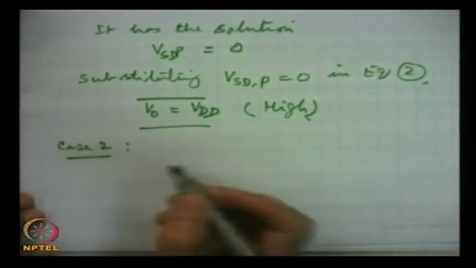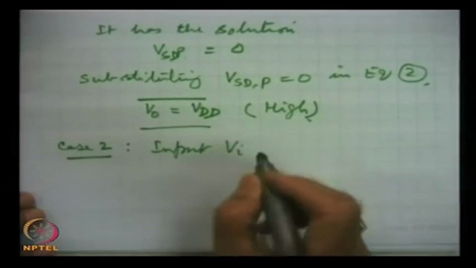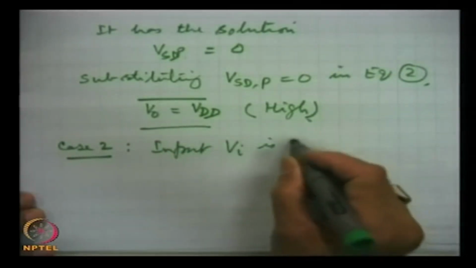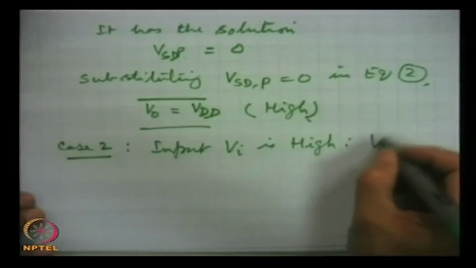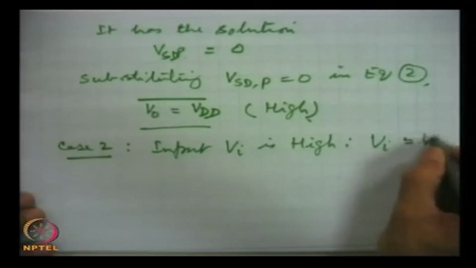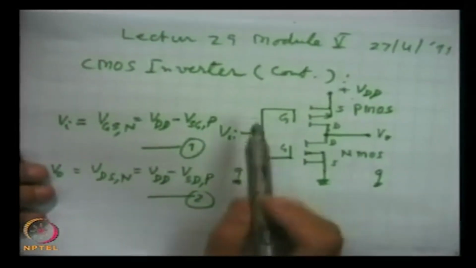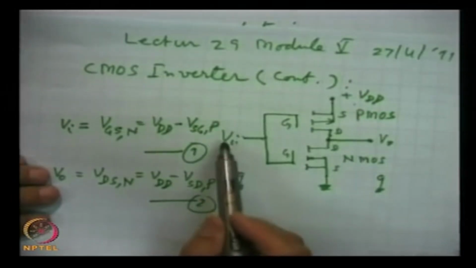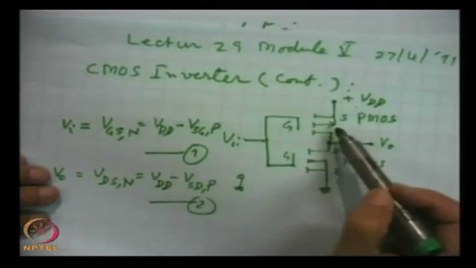and then we go for case 2 when input VI is high, meaning VI is VDD. We can see here also, once we say in the first case, then when input is low, so this was off and this was conducting.